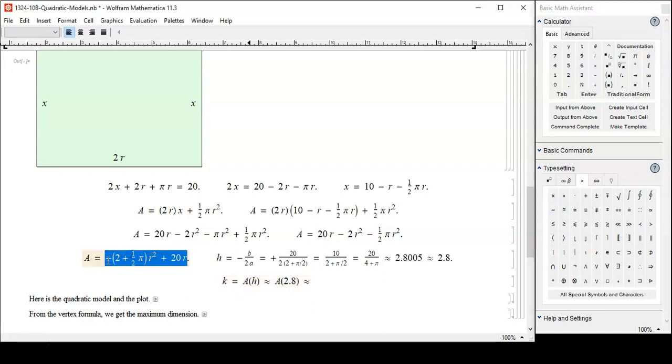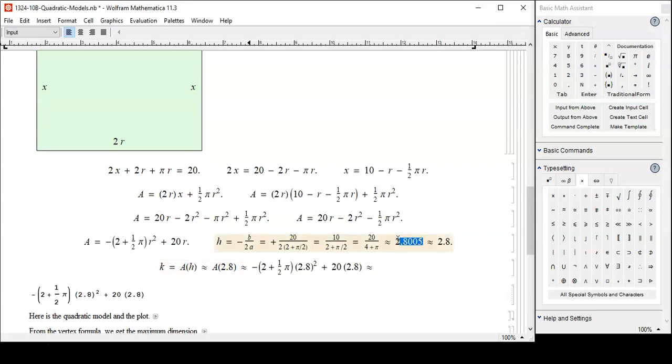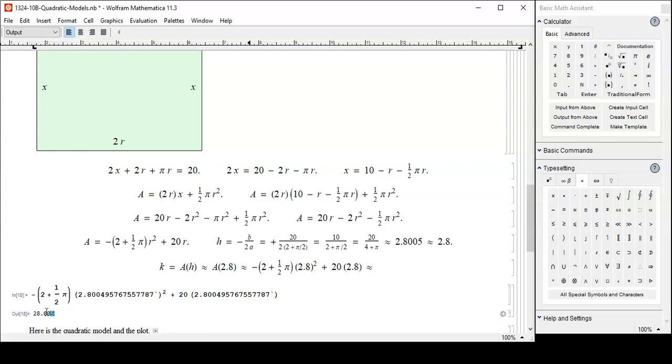So from here, I'm plugging in 2.8, and then I'm plugging in 2.8, and let it run. As a matter of fact, to be a little bit more precise, I would like to have just a little bit more decimal digits. 28.005. Okay, all right. So about 28.